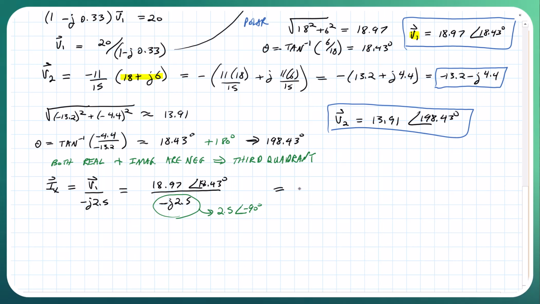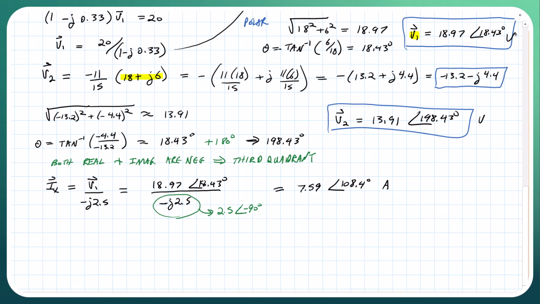And if we do that, we get 7.59 at an angle of 108.4 degrees, and this is going to be in amps. Okay, these guys were in volts up here, so that's going to be in amps.